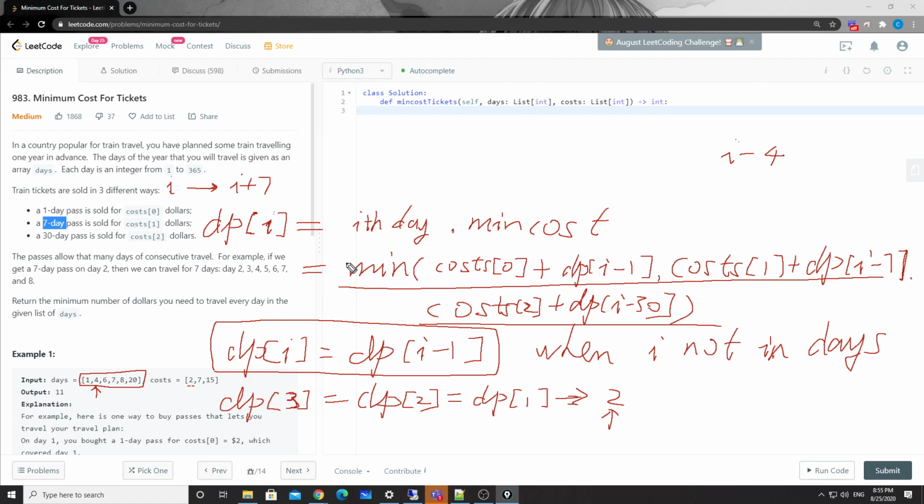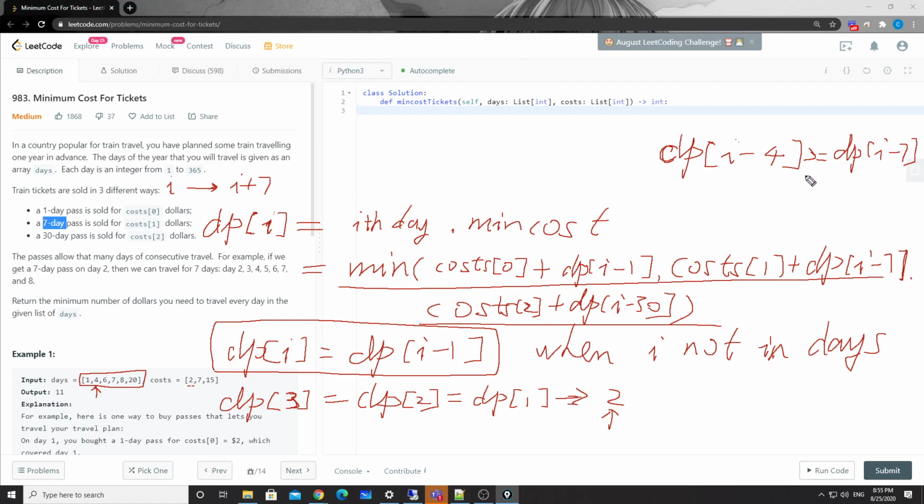since we're calculating the minimum value here, there's one thing you need to understand. Basically, the DPI minus 4 is greater than or equal to the DPI minus 7.